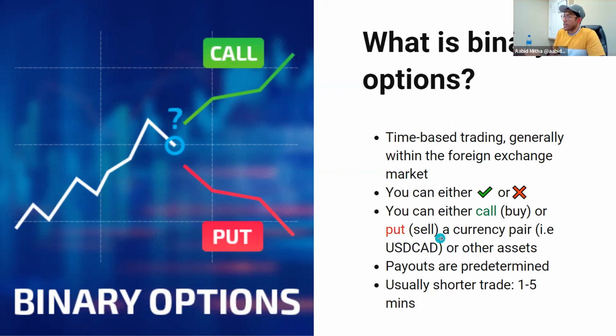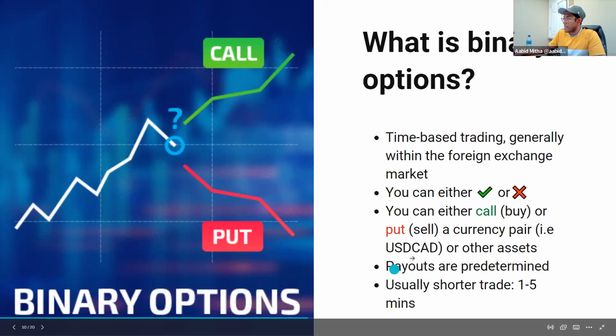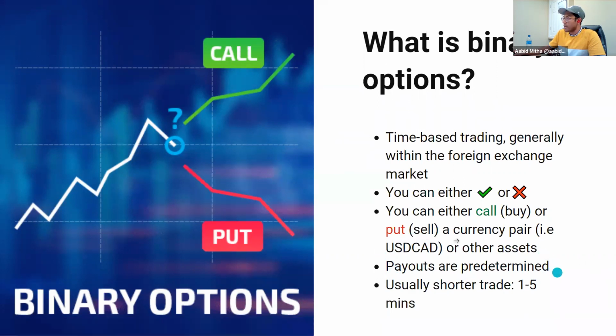But it's really simple. You either win or you lose. There's nothing in between, and you only have two options: buy or sell, which simplifies things. The other thing is that the payouts are predetermined, so you know exactly how much you're going to be making before you even place the trade. And we'll take a look into that.